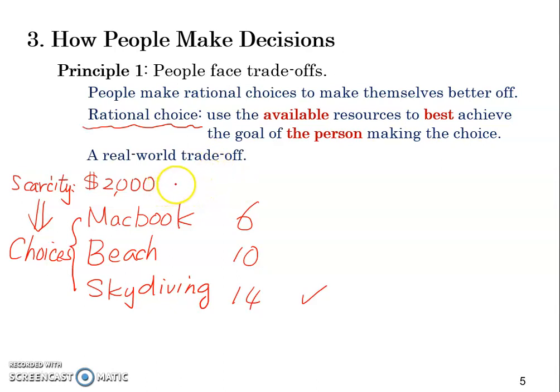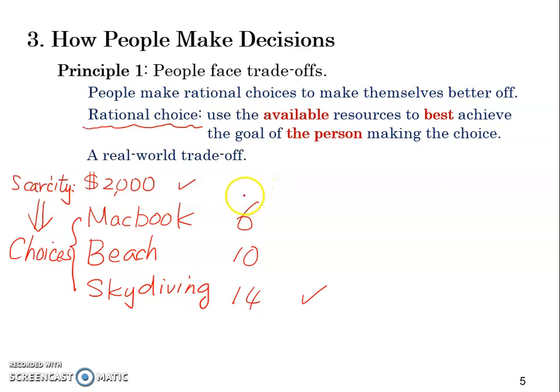So here, the $2,000 is the available resource. Best achieve the goal means that among these three choices, you've got to pick your favorite, the very best one. Now, the last key phrase, the third one, is the person making the choice.